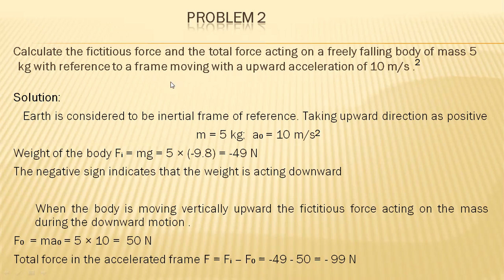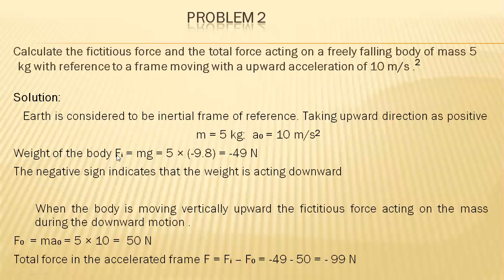The only difference is that the frame is moving with an upward acceleration, whereas in the first problem it was a downward acceleration. To solve this problem, Earth is considered to be an inertial frame of reference and we take the upward direction as positive. In the given problem, mass is 5 kg and acceleration is 10 meters per second square.